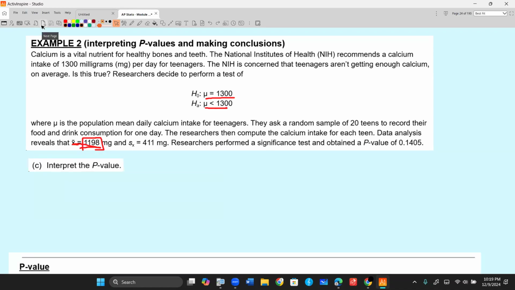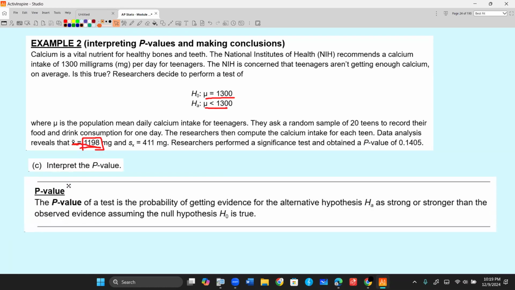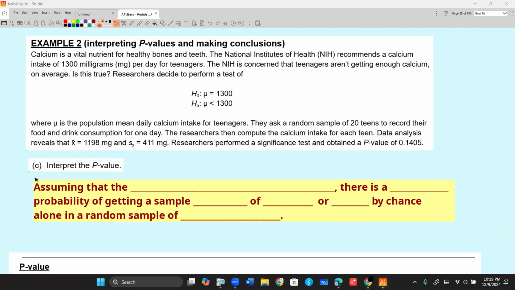Let's look at the p-value. So with the p-value, remember the definition of it is the probability of getting evidence for the alternative hypothesis as strong or stronger than the observed evidence, assuming the null hypothesis is true. You have to include that. So what does that look like in our template? This is what I typically write. Write this down, leave some space for the blanks.